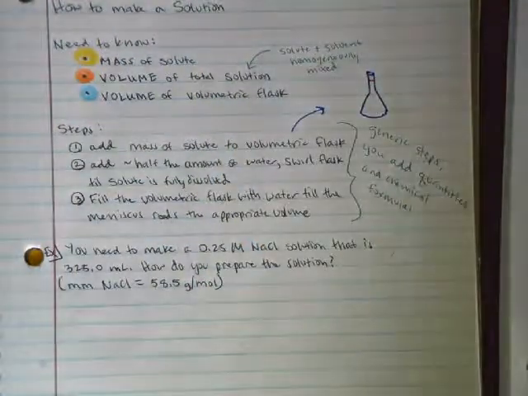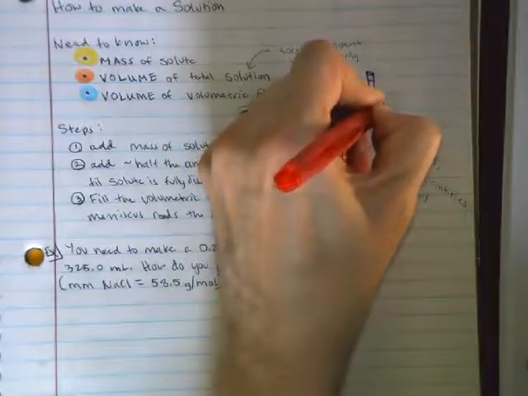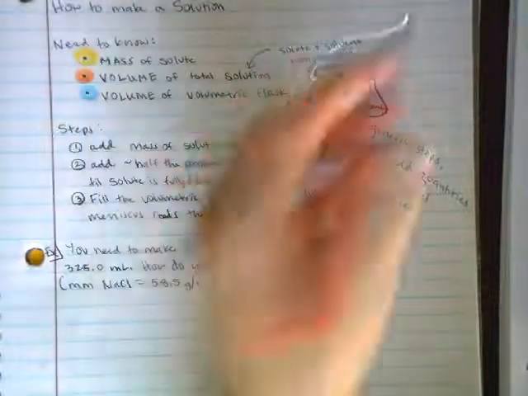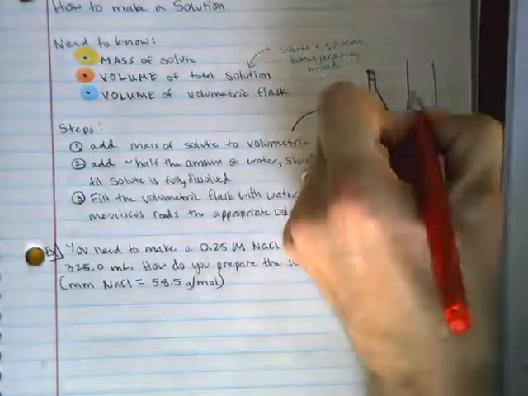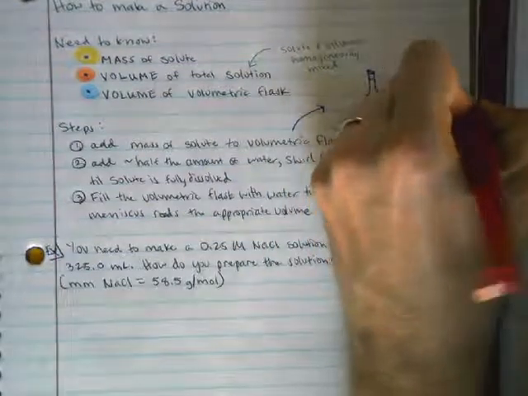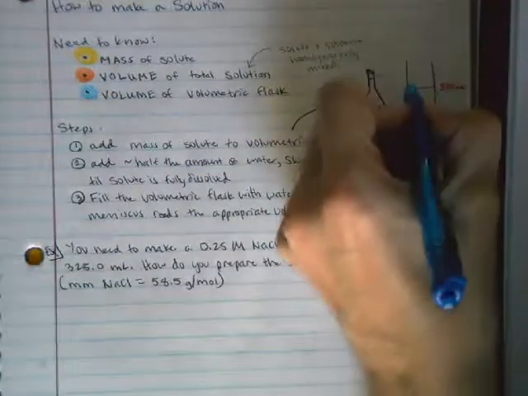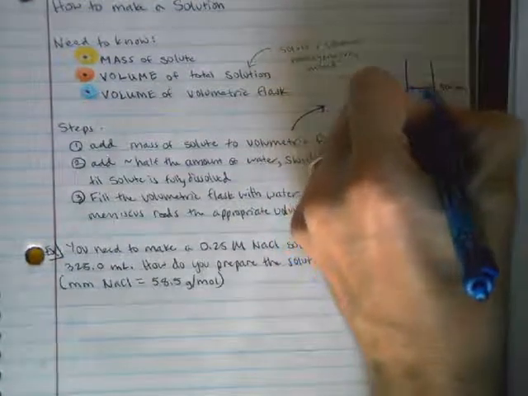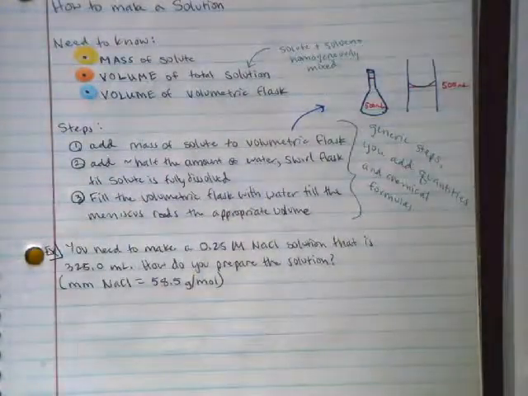Okay, so if this is a 500 milliliter volumetric flask, if the bottom of my meniscus, let's say that's my 500 milliliter line. Remember, the bottom of my meniscus needs to hit that etched line exactly. Okay, perfectly like that. So remember, that's how you read glassware.